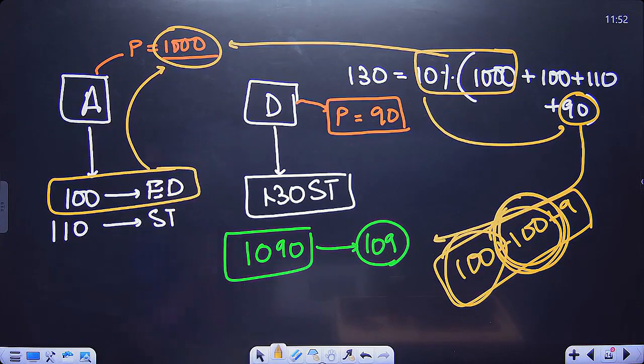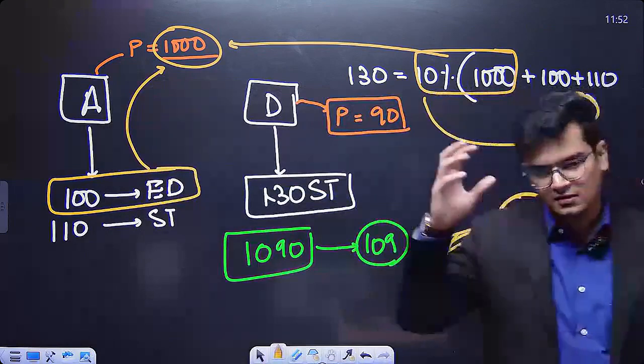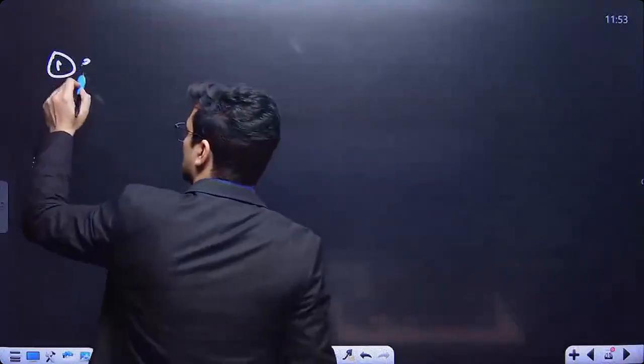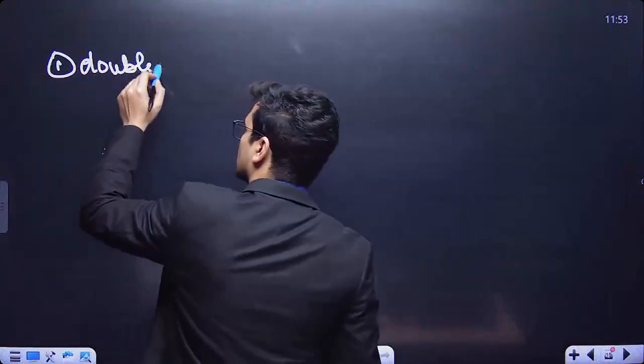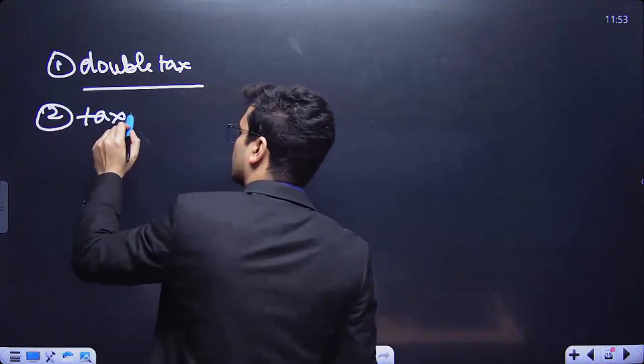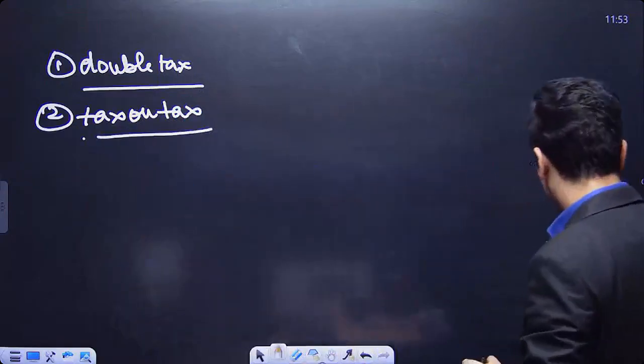No no, government, this system creates certain problems. What are the two problems of the system? One problem is double taxation. Second problem is tax on tax, because we are also collecting tax here.